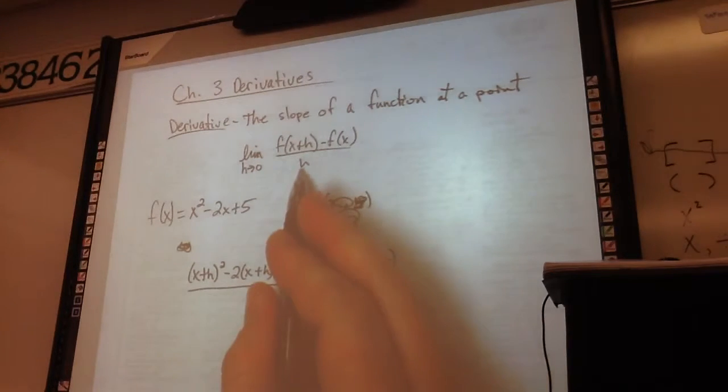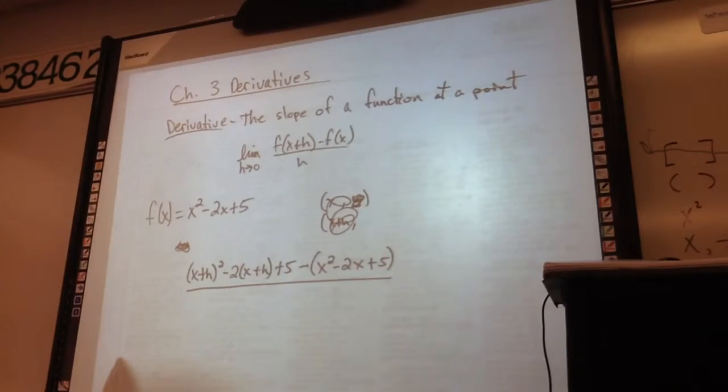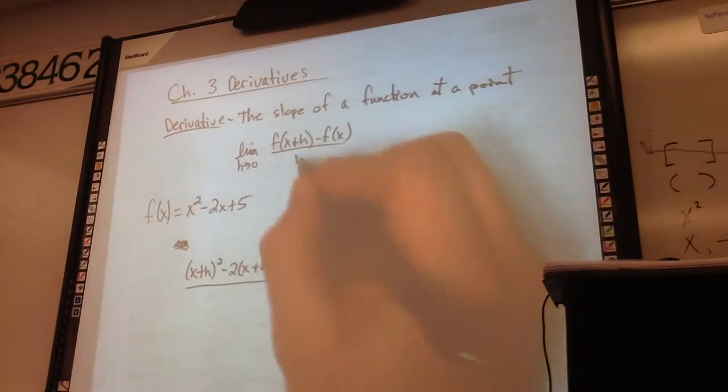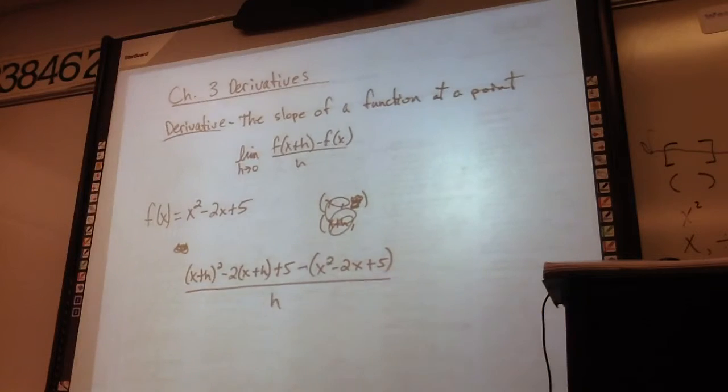All over h. You know why there's just h on the bottom? Because did you notice what happened every single time? You would just end up with an h. You'd have 4 plus h minus 4, or you'd have 5. That would always happen, so it's just over h.